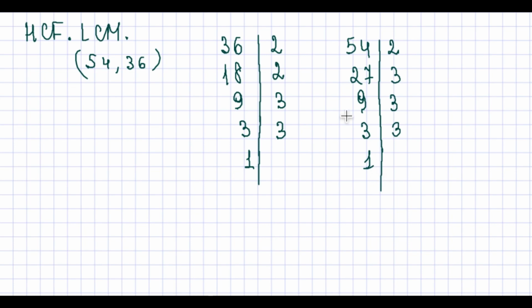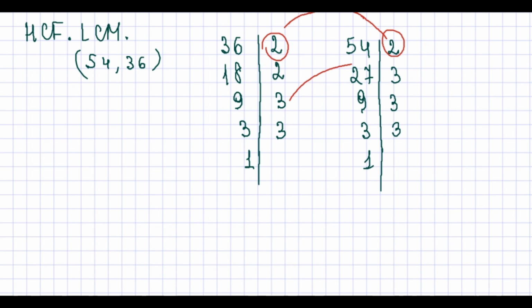So now I'm going to circle the numbers, the factors that are the same. Okay, they are the same. For these 2, we don't have any pair of 2 here.